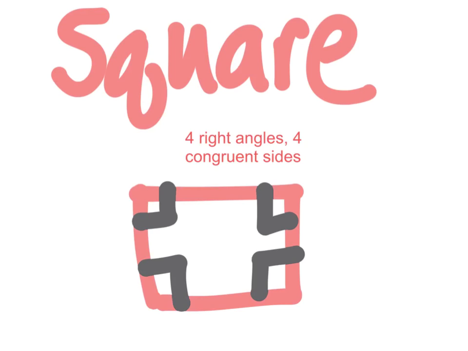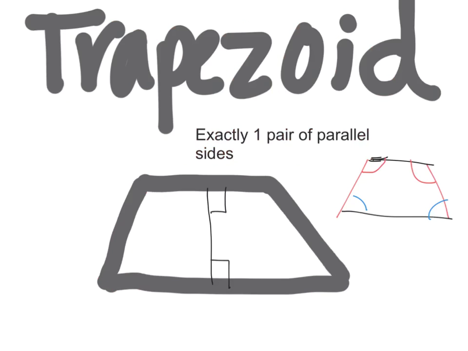As you can see, a square has four right angles, and it also has four congruent sides. This is one of the most basic shapes here that usually students can point out. Just remember, a square has four right angles and four congruent sides, which does make it different from a rectangle because rectangles don't have four congruent sides.